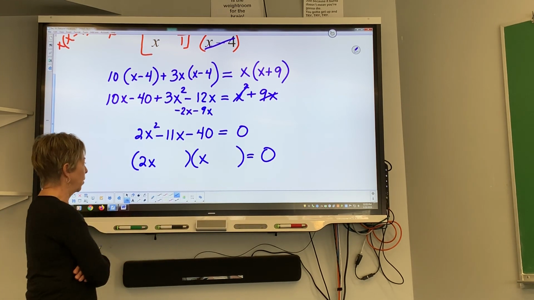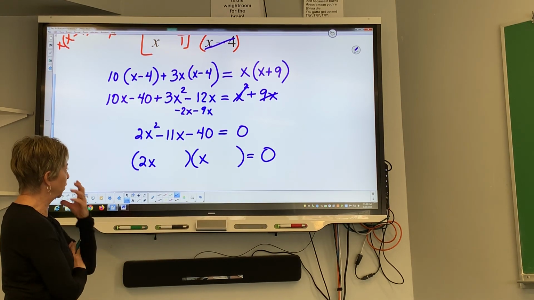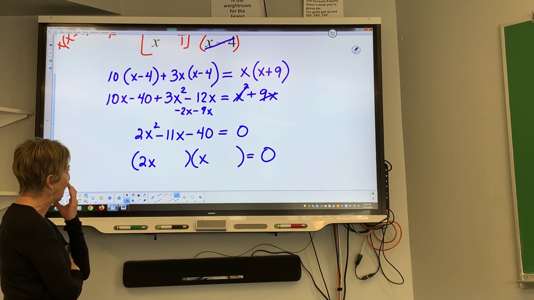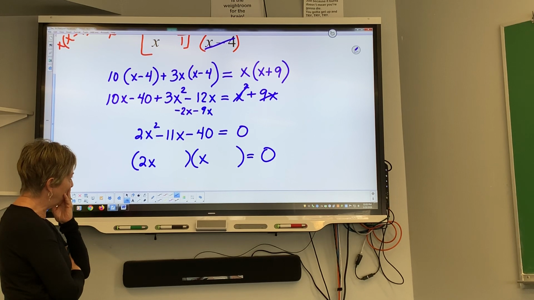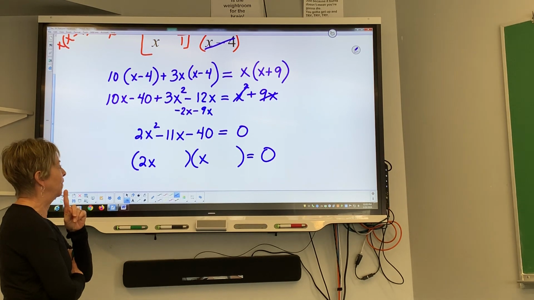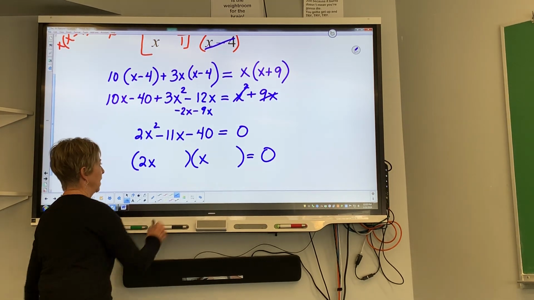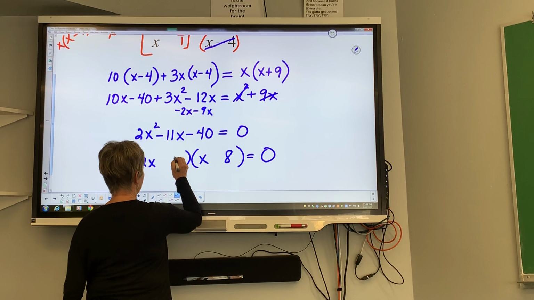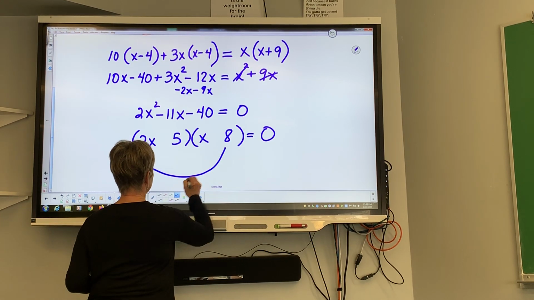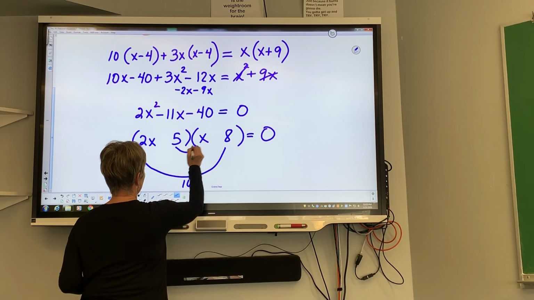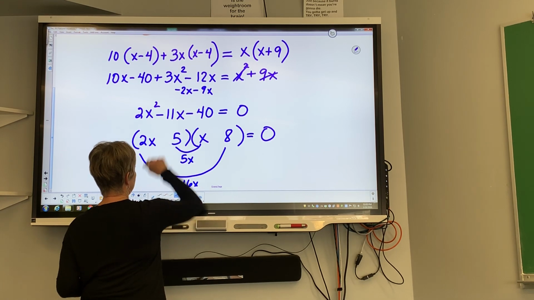Oh boy, should have probably worked on this sooner. Okay, 10 and 4. Don't see that working. 8 and 5. Yes. If I put an 8 here and a 5 there, I'll get my 16x from here and my 5x from there, and I can get 11.